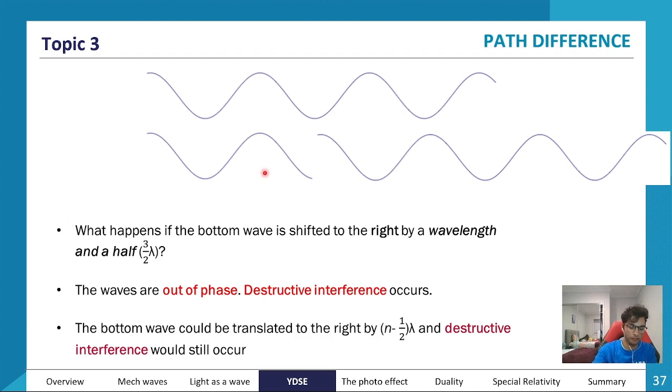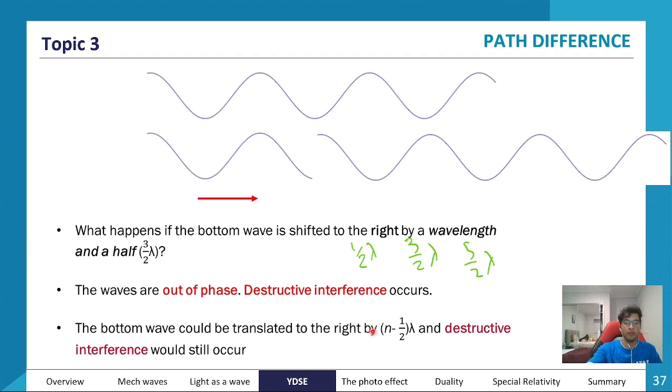Essentially, every time we move a wavelength by n minus a half wavelength, it's creating deconstructive interference. So when we moved it by half a wavelength, that created deconstructive. When we moved it by 3 on 2 wavelengths, again, that was deconstructive. If we were to continue the pattern, then 5 on 2 wavelengths is also deconstructive, and so on and so forth. And it's given by n minus a half.